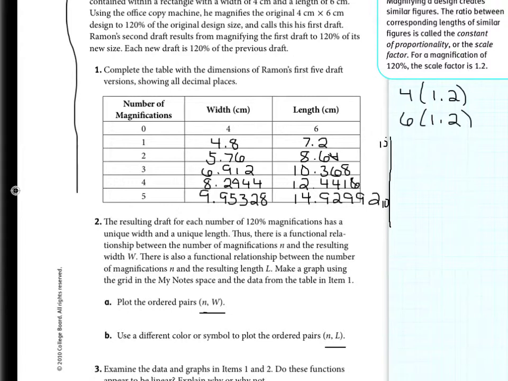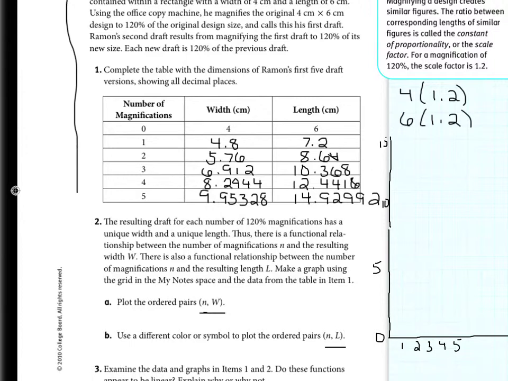Here would be 10, 9, 8, 7, 6, 5, 4, 3, 2, 1, 0. So notice on my y's, I made sure that I was going to get all the widths and lengths in there. And on the magnifications, I need to only get to 1, 2, 3, 4, 5.